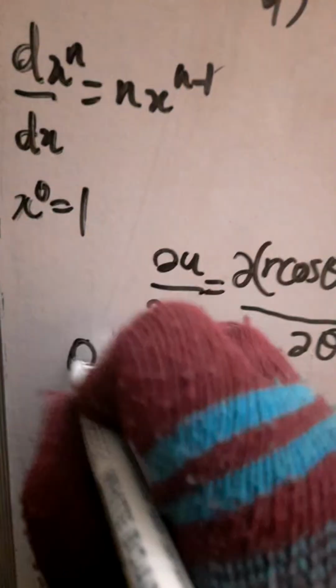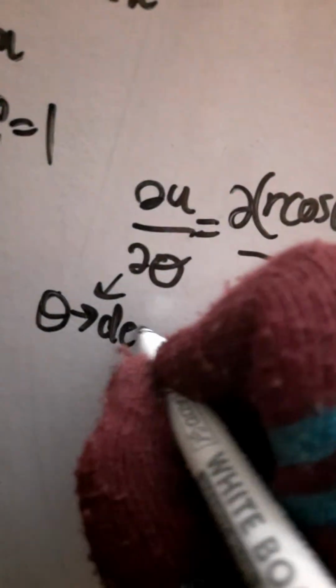So now del theta is in the denominator, so we are differentiating with respect to theta, which means theta is getting differentiated.